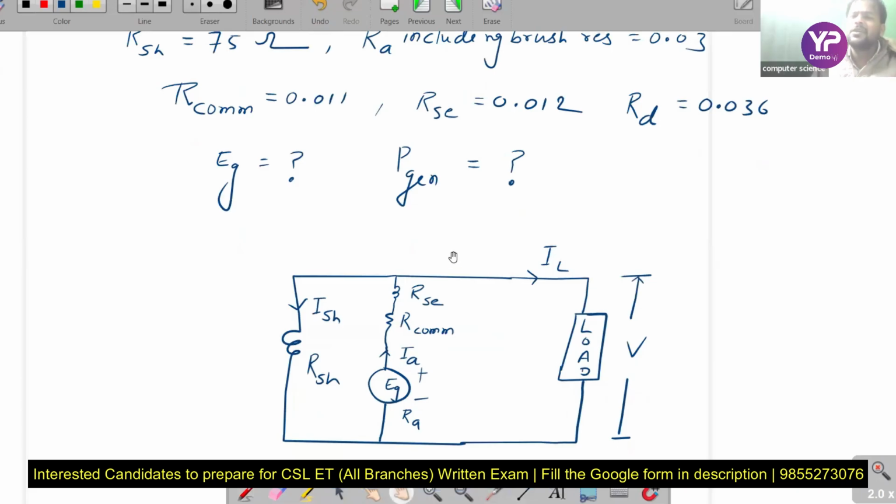We only remember that the diverter resistance is always connected across the series field winding. We don't care where the series field winding is connected. Simply, if the diverter resistance is given, we connect it across the series field winding.